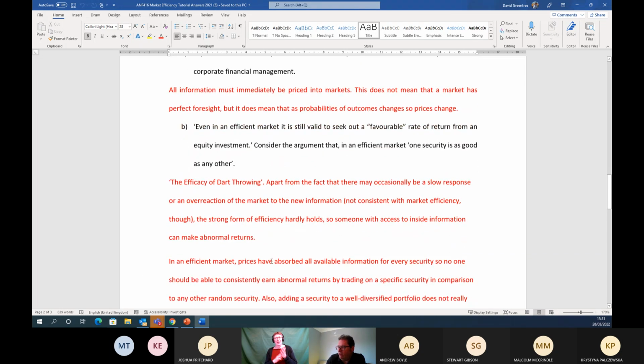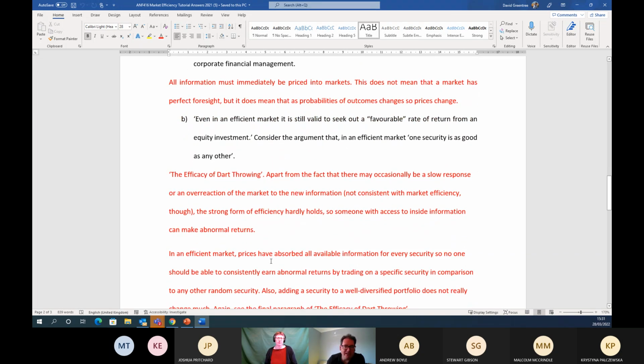And one of the arguments is called the efficacy of dart throwing, which is that rather than trying to use investor skill to pick the shares you want to buy on the market, you're as well throwing a dart and seeing where it lands. It's a bit like me picking a horse for the Grand National, or any of us probably picking a horse for the Grand National.